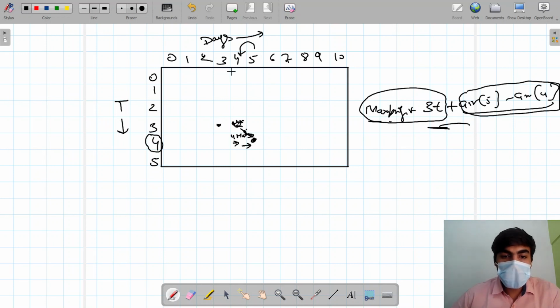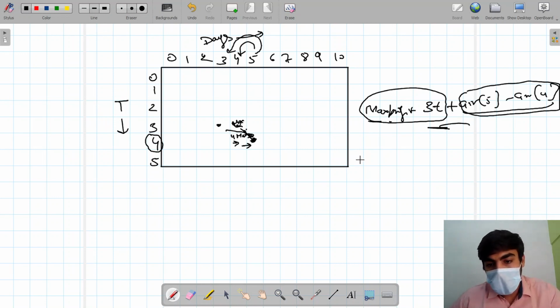Here, if we already did 3 transactions by the third day, and we have to find out the max profit for that day: the price of today minus the price of the third day plus the maximum profit of 3 transactions on the third day, like max profit of 3 transactions plus ARR of 5 minus ARR of 3.